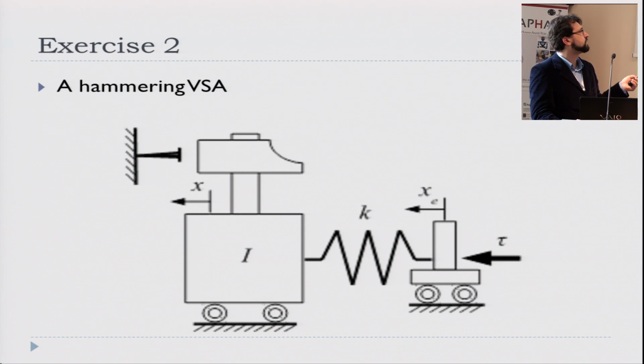So you have a variable stiffness actuator which moves a hammer, and this hammer has to drive a nail into some surface. So we would want to minimize the number of hits that are needed to drive the nail in the wood. So after you listen to Manolo's lesson, try to guess what is the need for this kind of application.